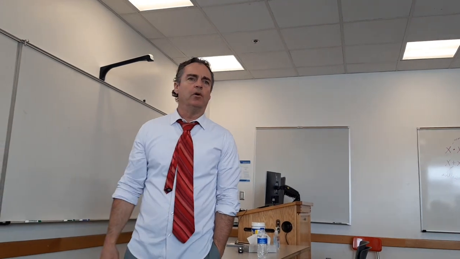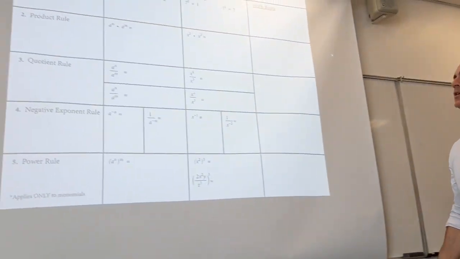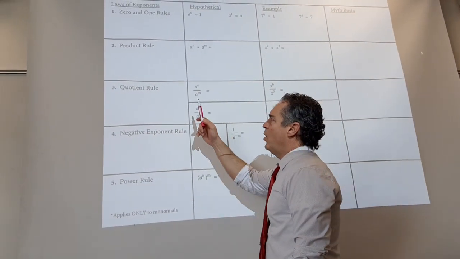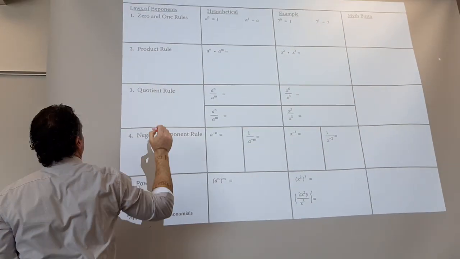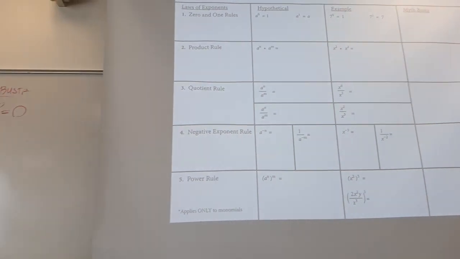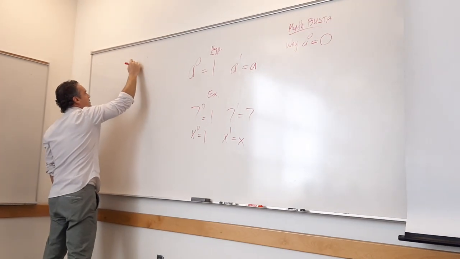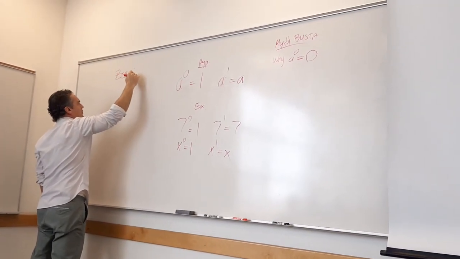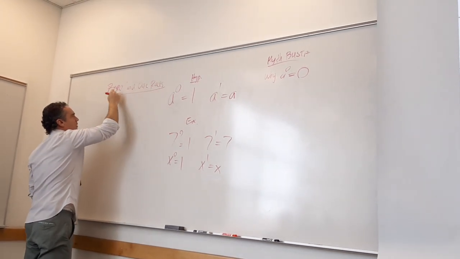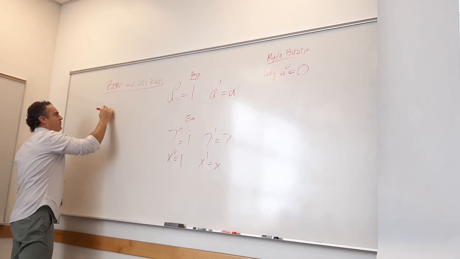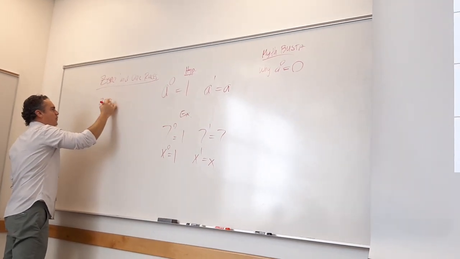So let's go to our next rule, product rule. So please listen. On each one of these rules, you want to write something in this box right here. So on the 0 and 1 rule, ready for this? Before you write it, let me finish it, okay? So we're going to say the 0 rule, okay?